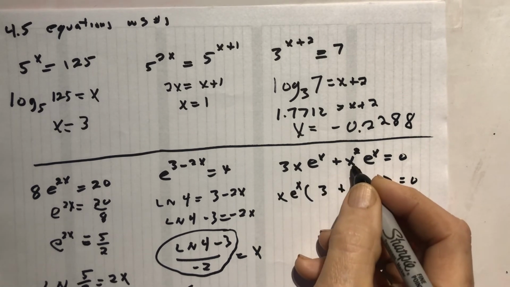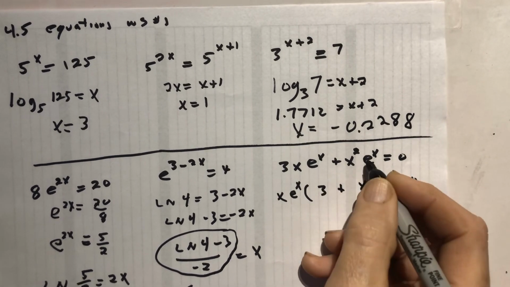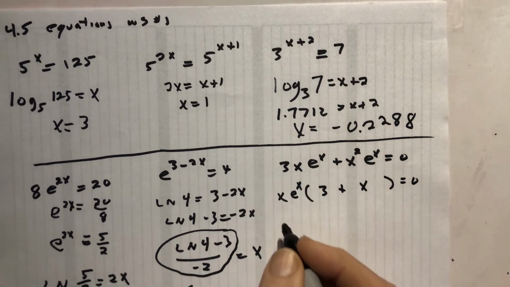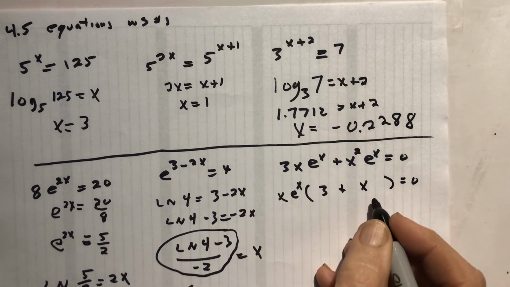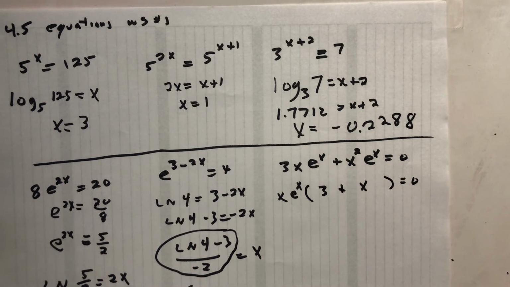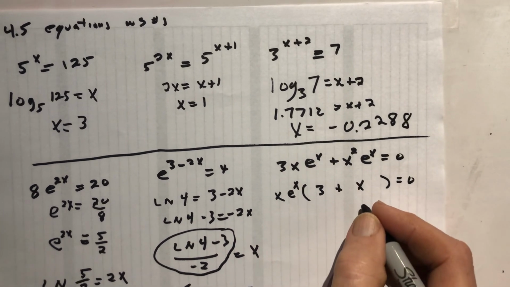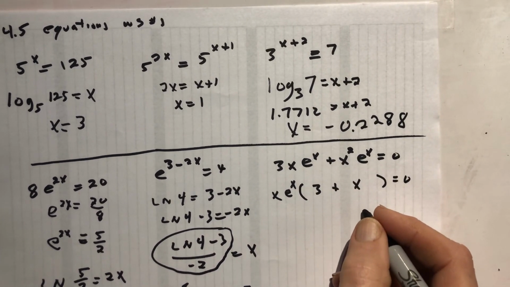Take out one of the x's, the other x is left, and e to the x comes out. We've got 3 things. We have x, e to the x, and a parenthesis. Any of those could give us an answer. Like, what makes this 0? Well, that one's easy. Negative 3 is one answer.